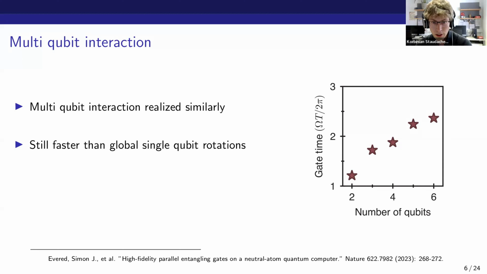So even if we go to a higher number of qubits, so not only CZZ, but CCZZ, and so on, the gate time does not increase exponentially or something, but it really increases linearly. So we are expecting that even if we have those high numbers of control qubits, it will still be faster than the global XY rotations.